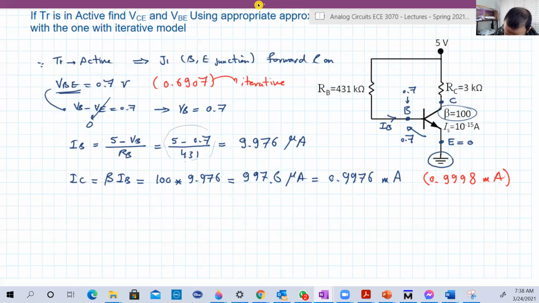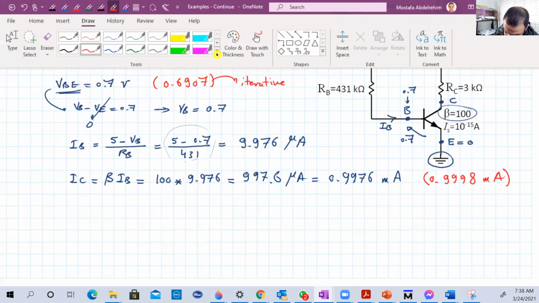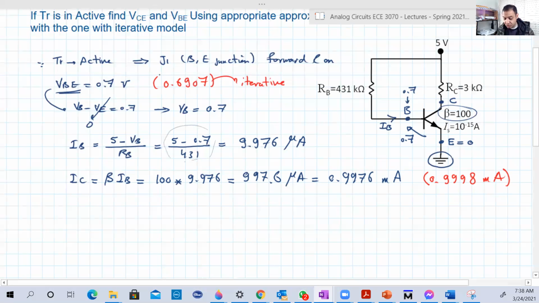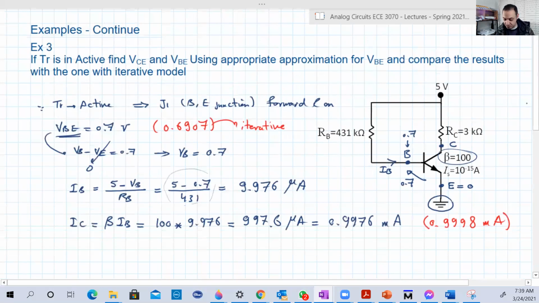And now VCE. Remember, in this circuit our two unknowns were VBE and VCE. VBE was determined easily just by using the approximation, as instructed in the question. Now it's the turn of VCE. Again, you don't need to draw the equivalent circuit. You can deal with the transistor circuit without converting it to another circuit. IC, which is known now, flows in that branch here.